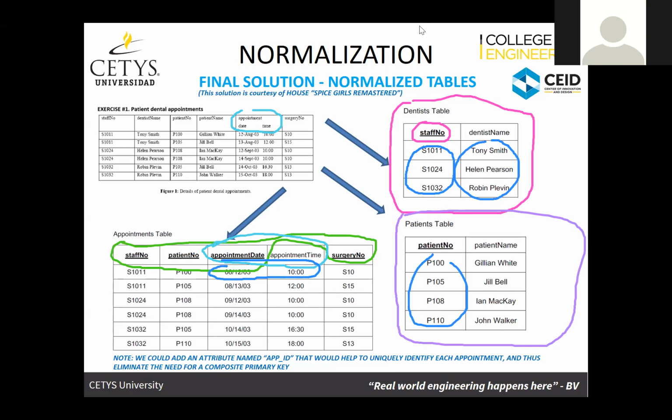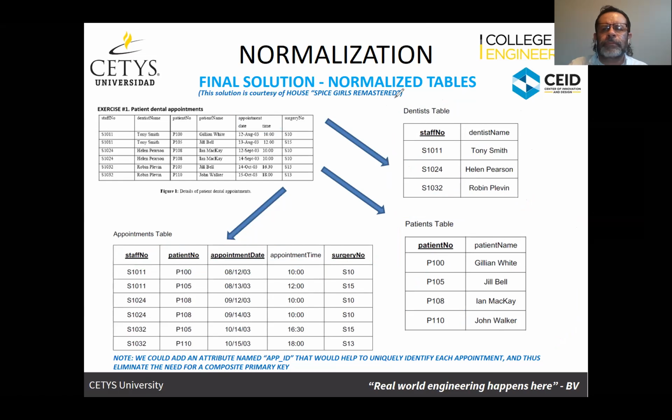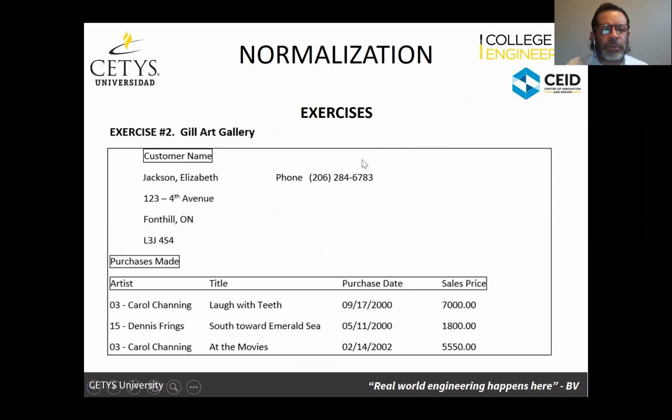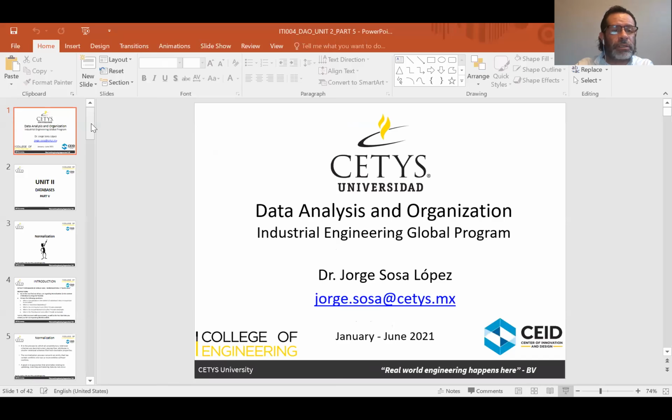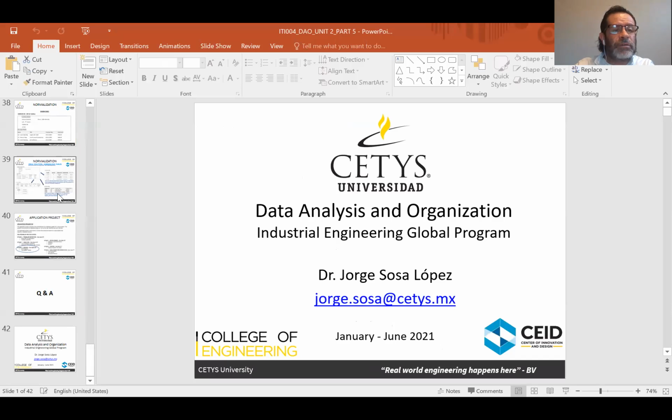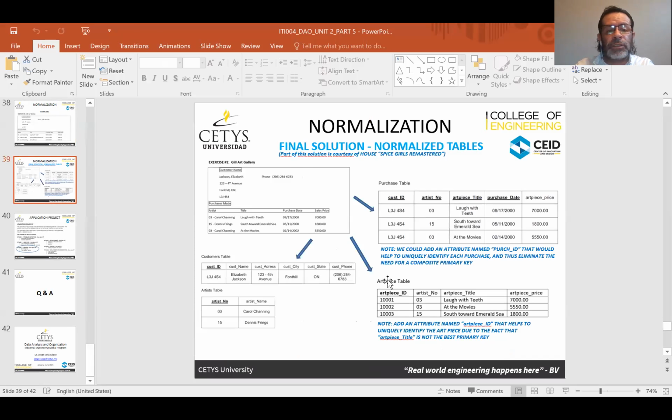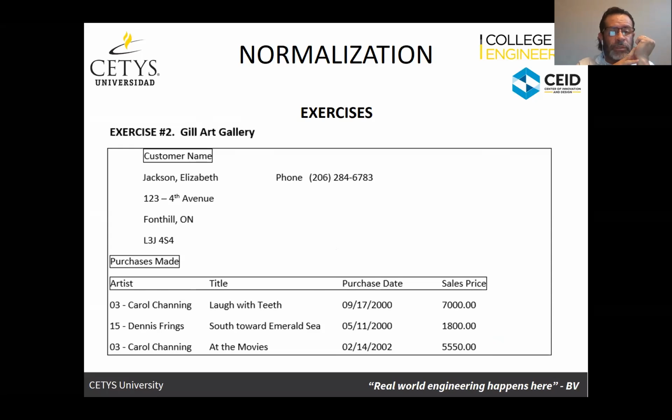Okay, good. I'm going to clear this. Let's jump over to the next one. In the next one, we have a sort of invoice for a purchase. In this case, it's for an art gallery. We've got the information regarding the purchase of a series of artworks that are related to some artists, and each of them has a sale price.